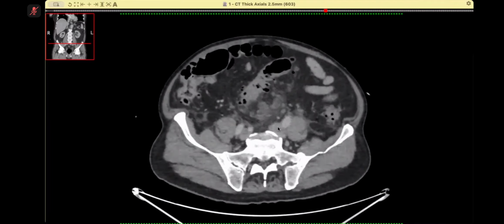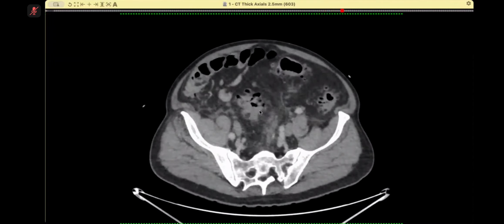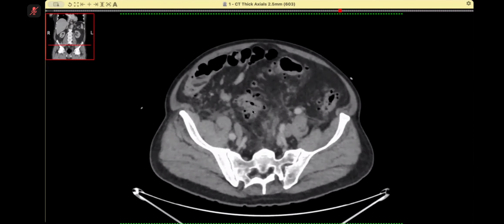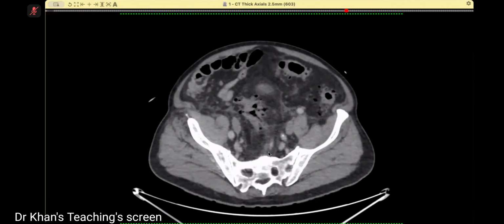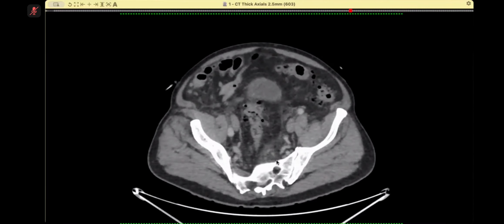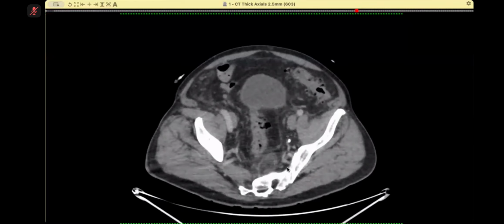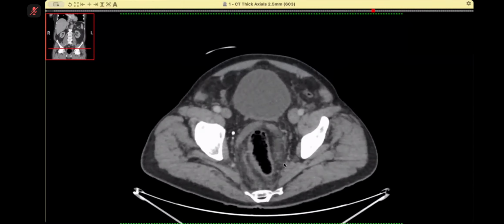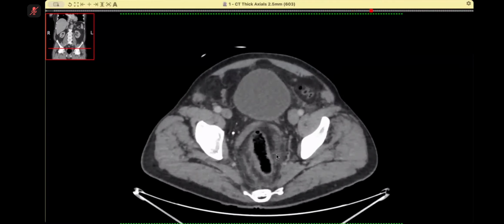There is a bit of nodularity, a bit of edema, and you will appreciate the pattern. Now, the sigmoid is sitting here, and look at the pattern. This fat stranding is next to this thing. So what is this? And you can see even here, there is fat stranding.